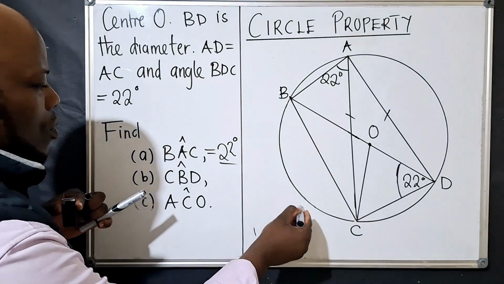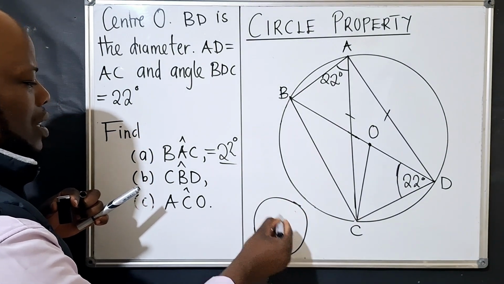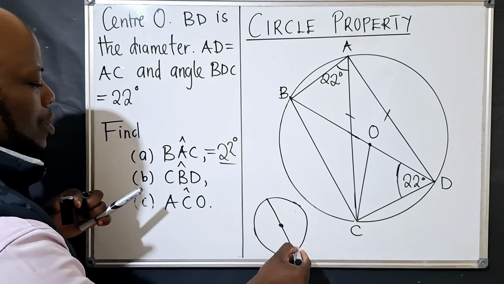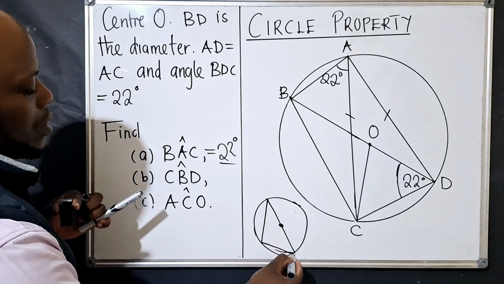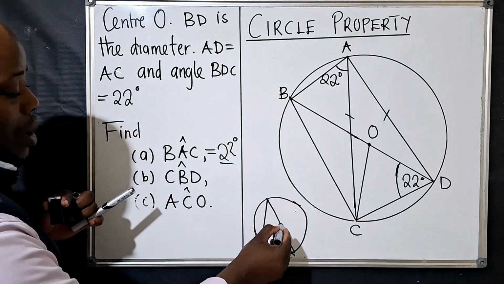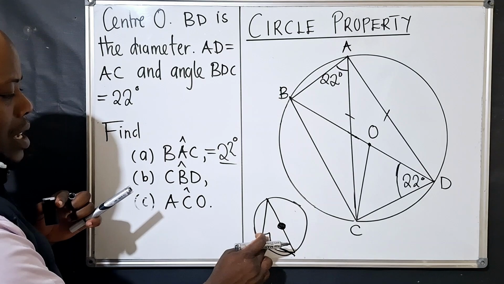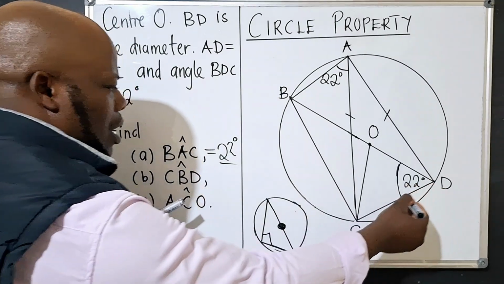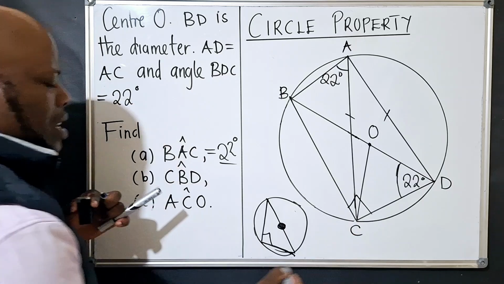Look at this. When you've got this, the way it looks, and then this is your center, there's a line that passes through here. It forms an angle right here. So you can see there is a triangle inside the circle, and this triangle is passing through the center, meaning the angle here is 90 degrees. So you can see that angle at C is 90 degrees.